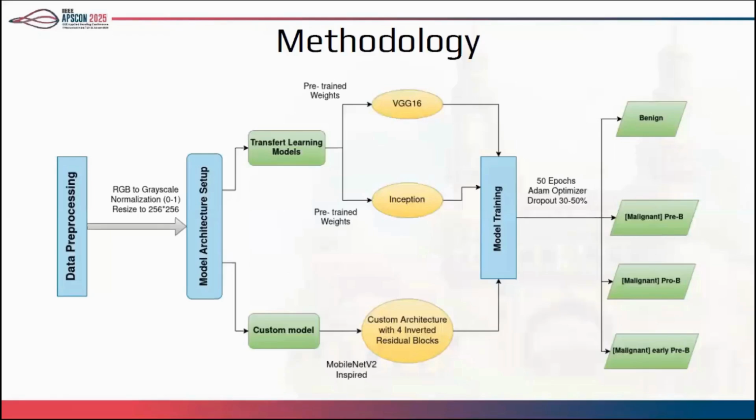VGG16 has the power to extract information from these medical or microscopic images. In the same way with InceptionNet, the difference is that in VGG we use the same size of filter, while InceptionNet uses different filter sizes, like 1 by 1, 3 by 3, and 5 by 5.